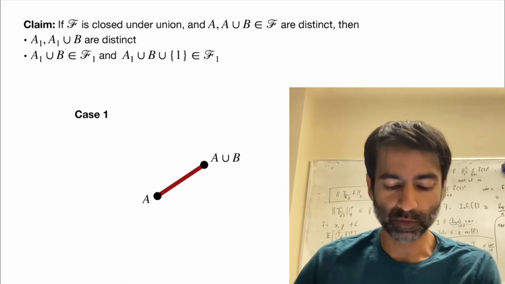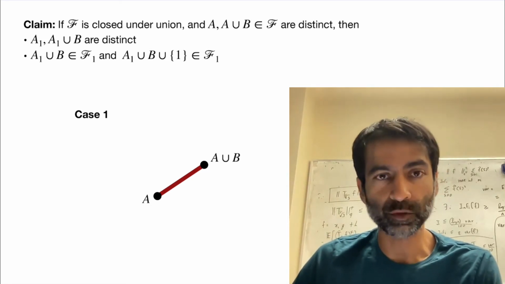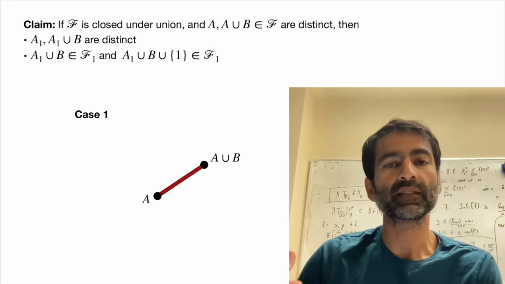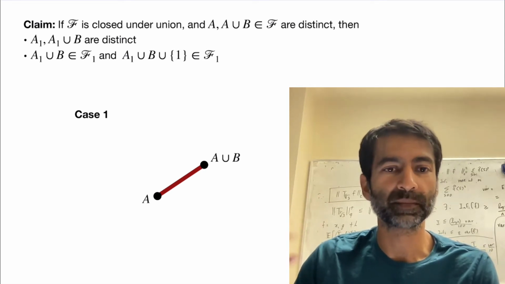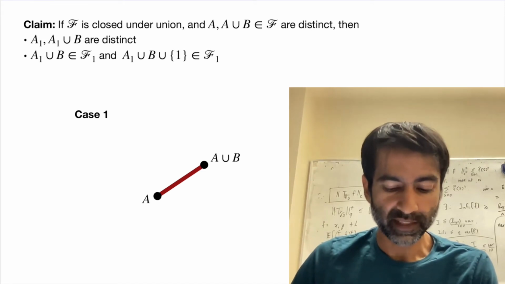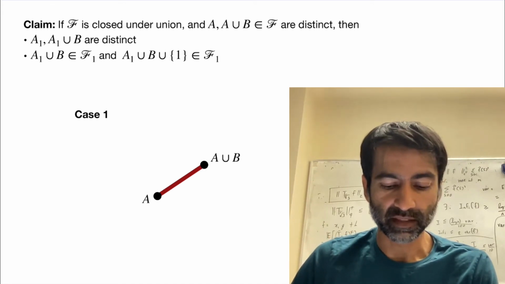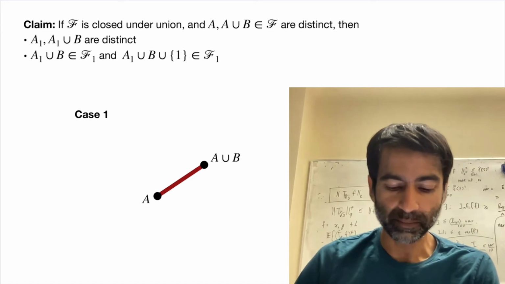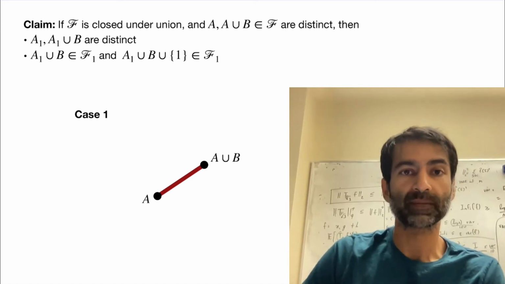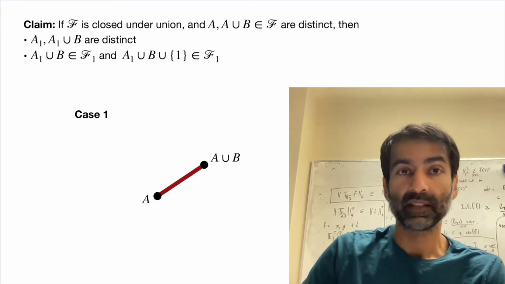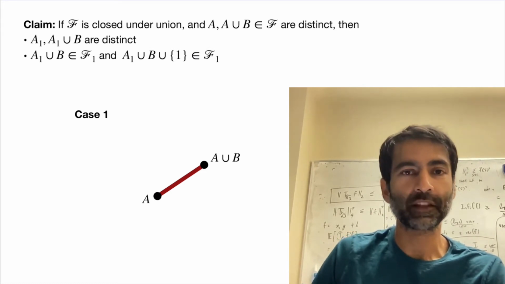To prove the claim, there are basically two cases. We're trying to add 1, so let's imagine the 1 edges in the hypercube, all the red edges that correspond to adding 1. The first case is that both A and A union B belong to the same 1 edge. In this case, basically nothing interesting happens.